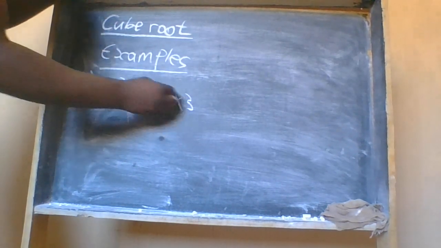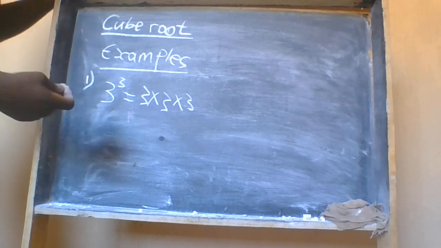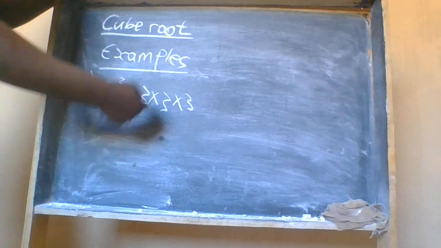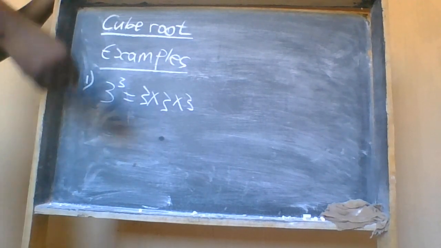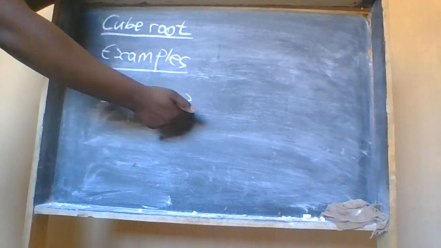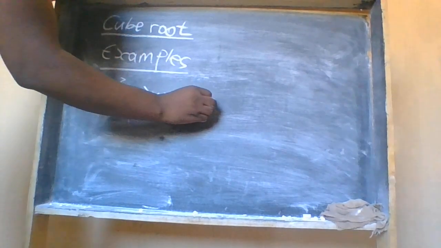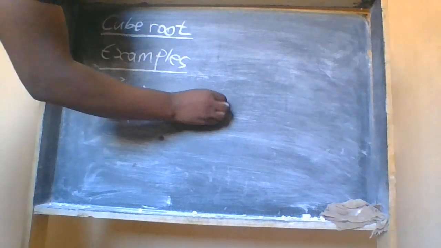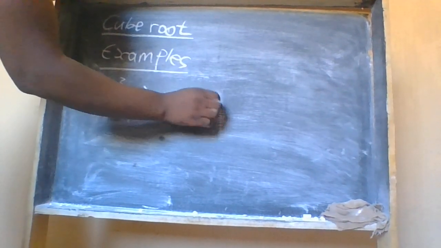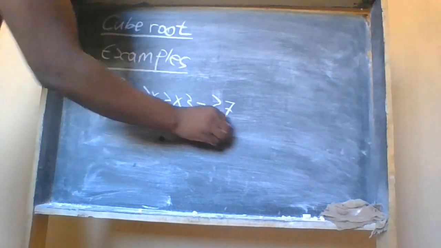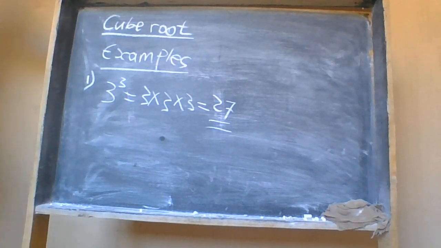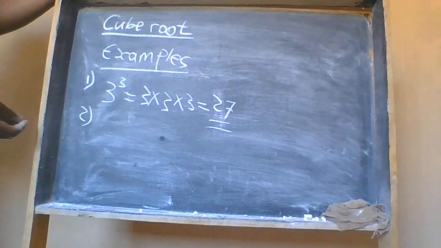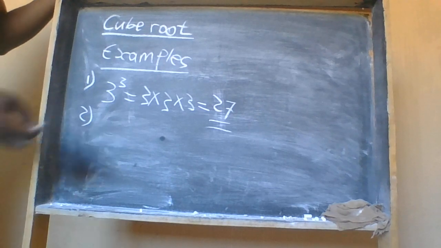Now 3 times 3 is 9. Again times 3 simply means you add 9 three times. Hence the final answer of 3 times 3 times 3 is 27.